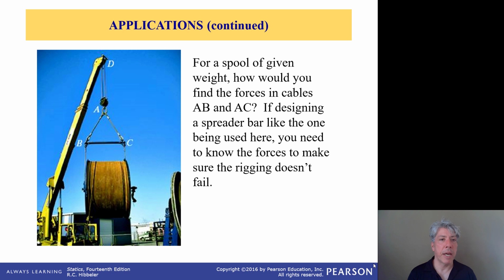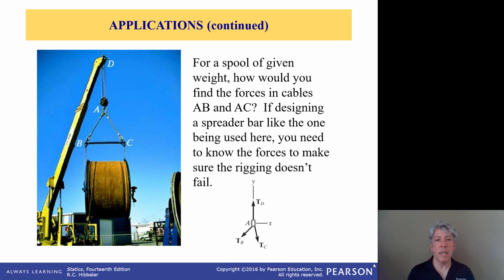That's not correct. Actually, there is more tension in AB and AC than just half the weight of the spool. Similarly, with what you're learning, you can determine the force in the spreader bar to make sure that it won't fail as well. So applications of this part of the course are endless.